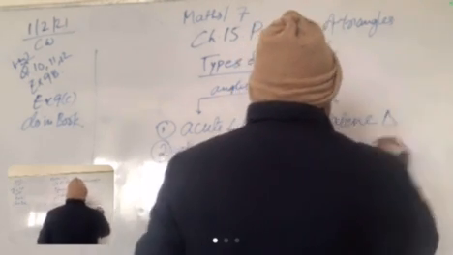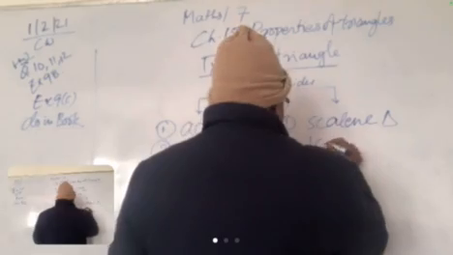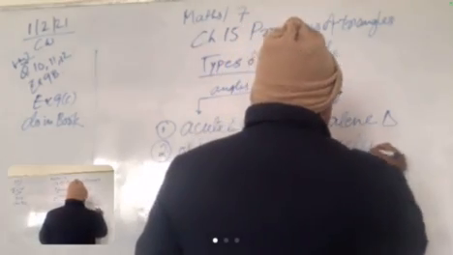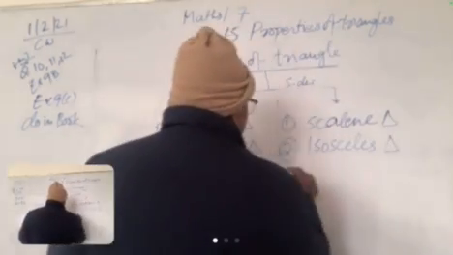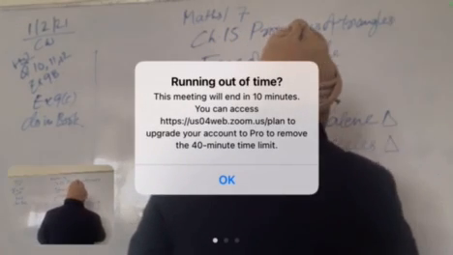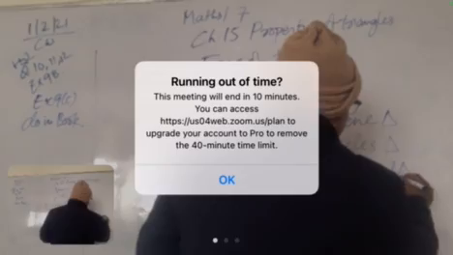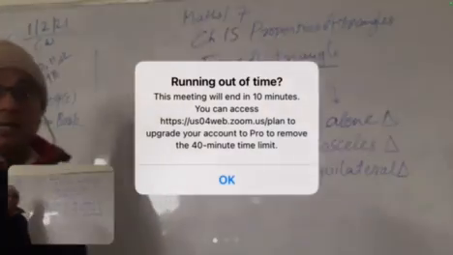Scalene triangle. Second, isosceles triangle. And the third is equilateral triangle.